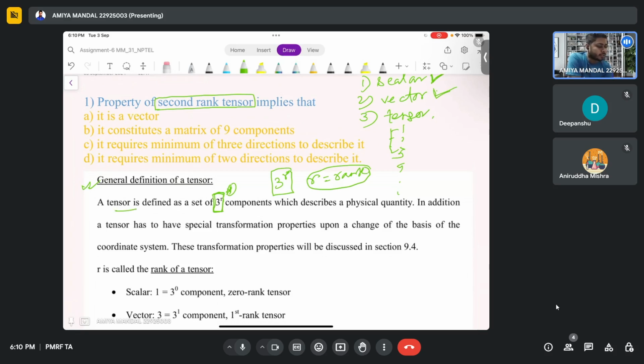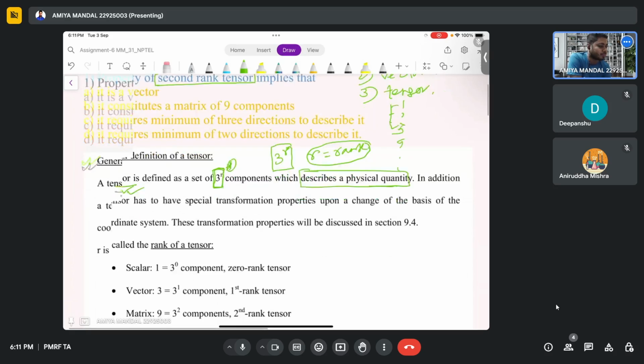A tensor is defined as a set of 3 to the power r components which describes a physical quantity. It should always be a physical quantity. The description of a physical quantity is represented by tensors of different ranks.